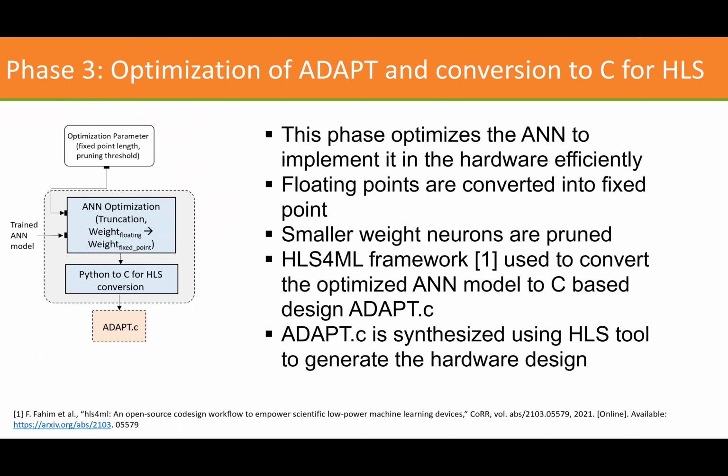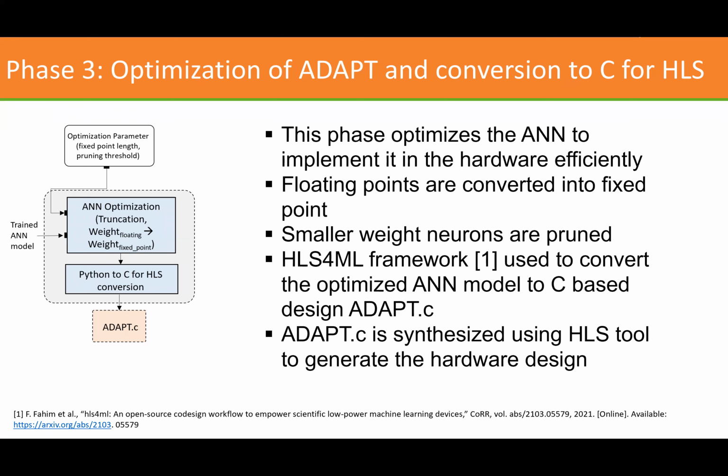And in phase 3, we'll optimize the ANN controller, like truncating the weights and converting the floating points into fixed points. We can tune these parameters based on our need, and we can also prune away the neurons with smaller weights. After everything is done, we will have a much more decent ANN structure.